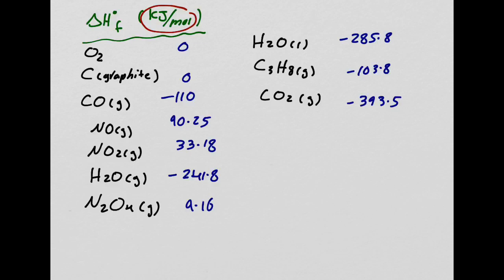So overall, the delta H of formation is either going to be a plus, endothermic, or a negative, exothermic. The more negative you are, the more stable you are, because not only do you not require energy, you're releasing some into the surroundings. So this is the delta H of formation, how much energy you need to make something from its elemental form. And if it already exists in that form, it's going to be 0.